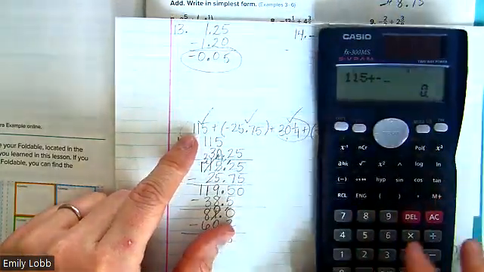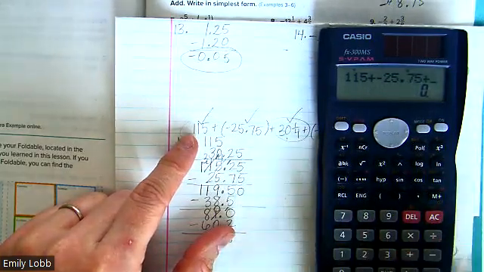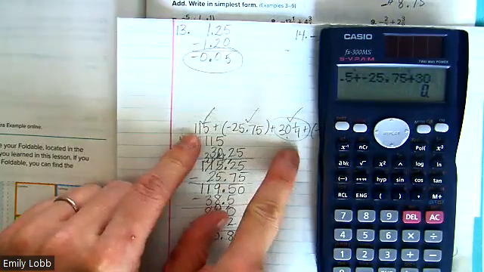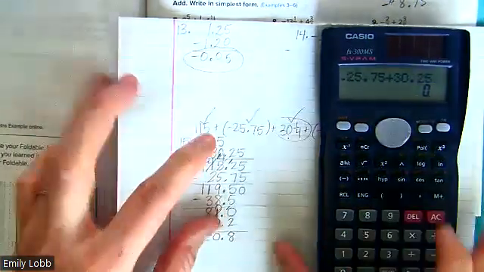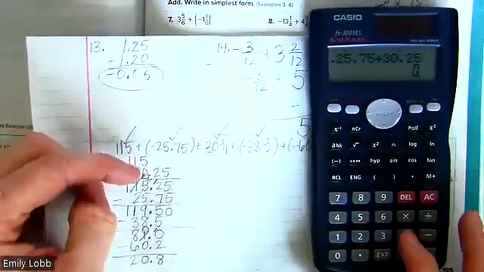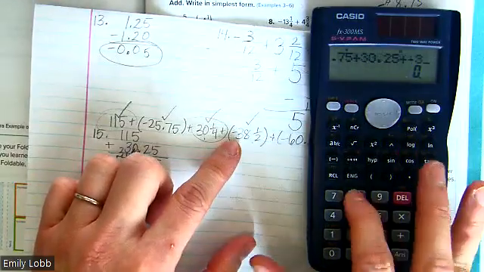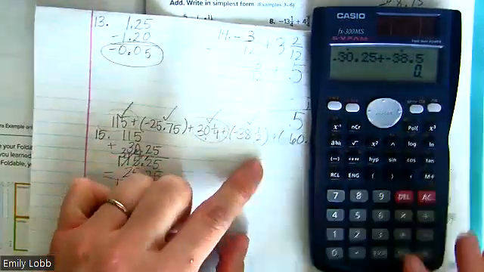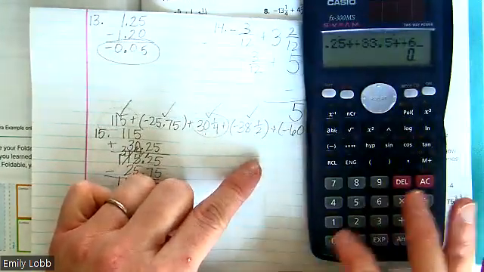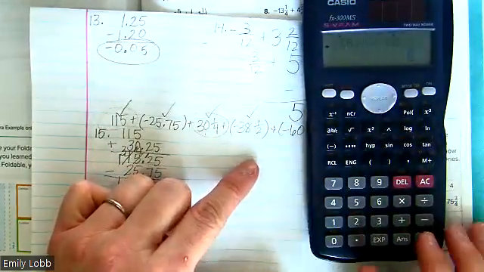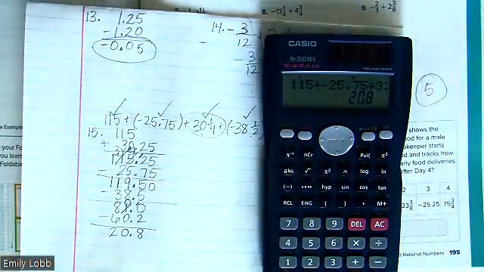Plus negative 25.75 plus 30. And then I have to change that 1/4 in my head to 0.25. Plus, and then here's my negative sign again, 38.5 plus, and here's my negative sign again, 60.2. And out comes our answer, okay?